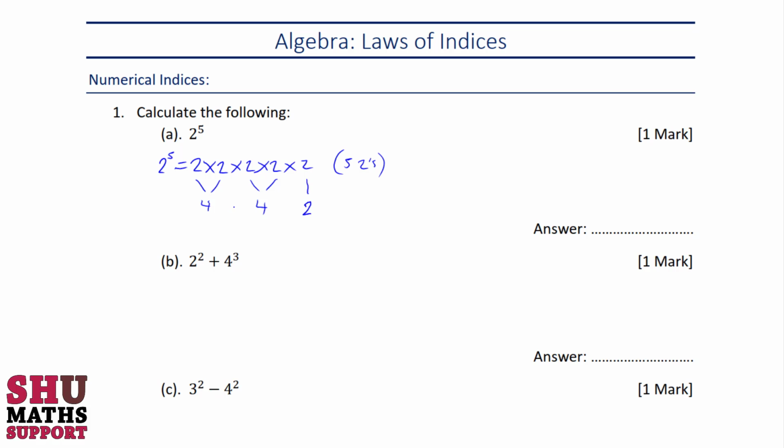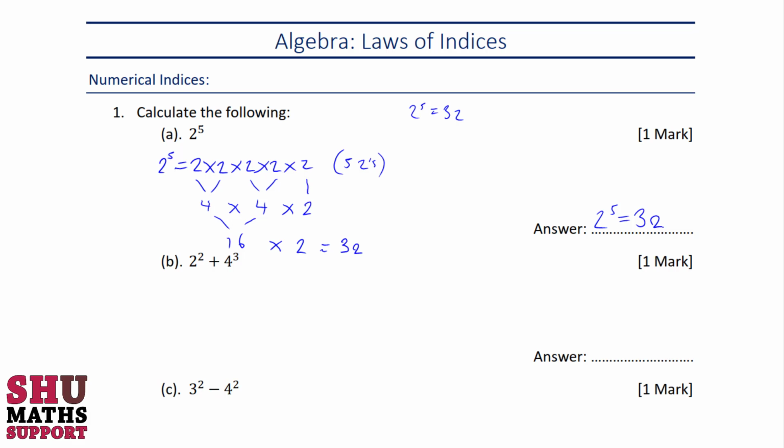So we have 4 times 4 times 2, and 4 times 4 is 16, and then we're still timesing by 2. 16 times 2 is equal to 32. So on our answer line we'll write 2 to the power of 5 is equal to 32.